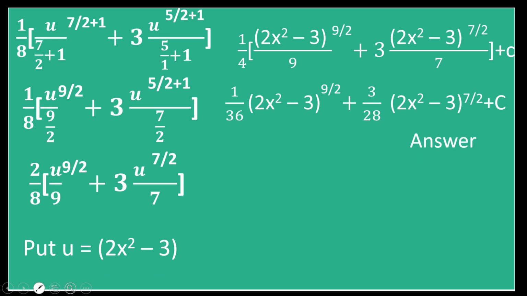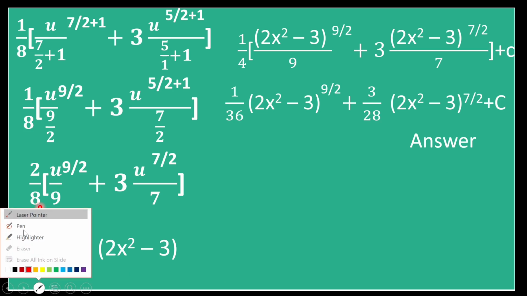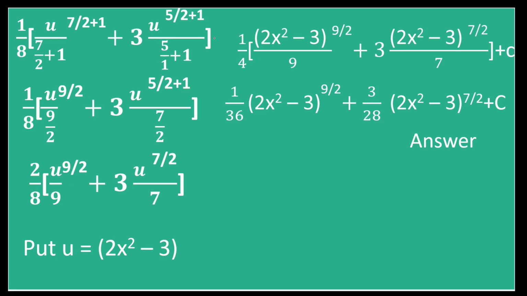This is the solution of our question, and we have missed something over here. After integration, as you know, we will write c, so we will write c over here, and similarly we will write c over here, because after integration we will write c.